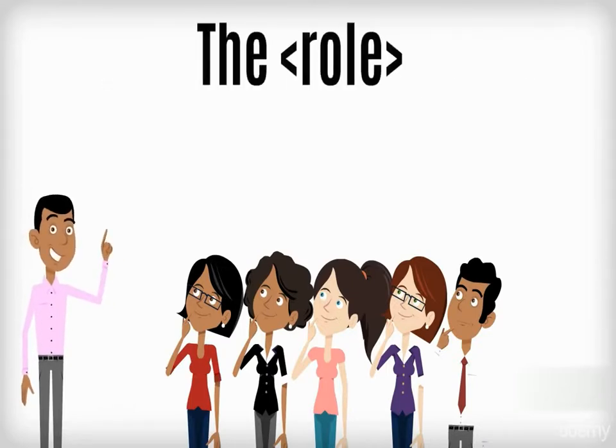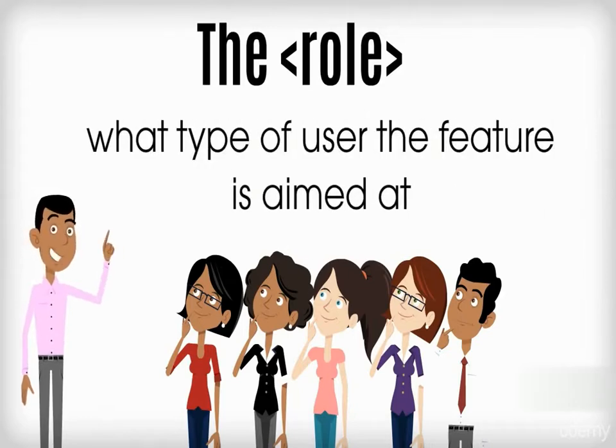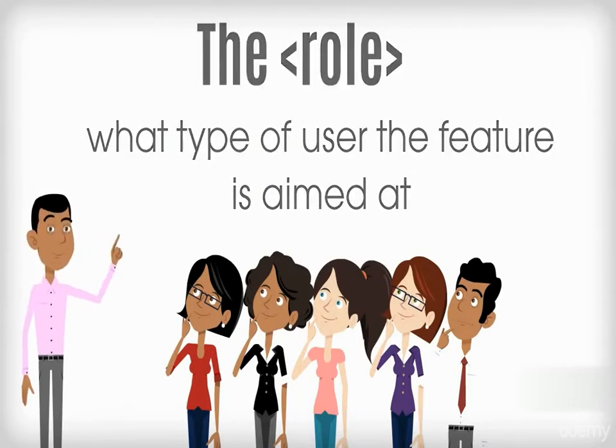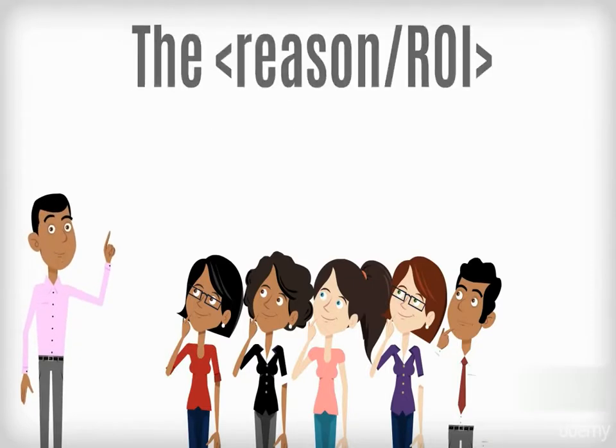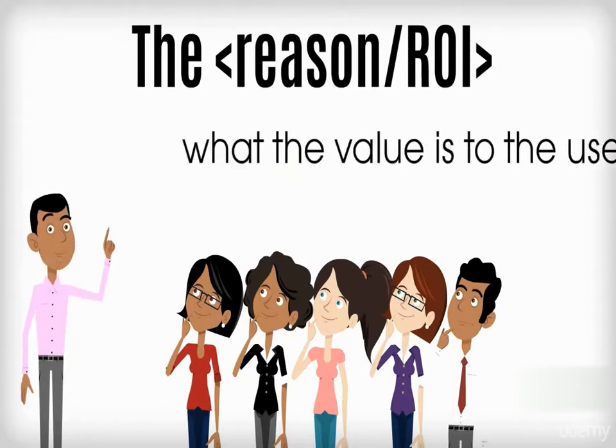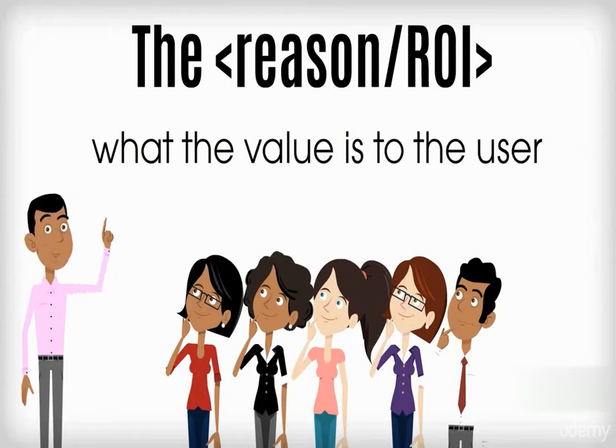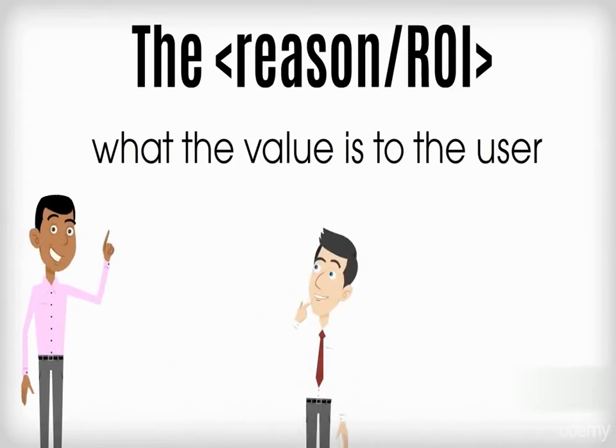The role focuses everyone on what type of user the feature is aimed at. The requirement explains what the user should be able to do. The reason, ROI, explains what the value is to the user and therefore to the business. This third point is often overlooked, but in my experience it can add tremendous value and help the product owner to avoid adding useless features from a user's point of view to the backlog.